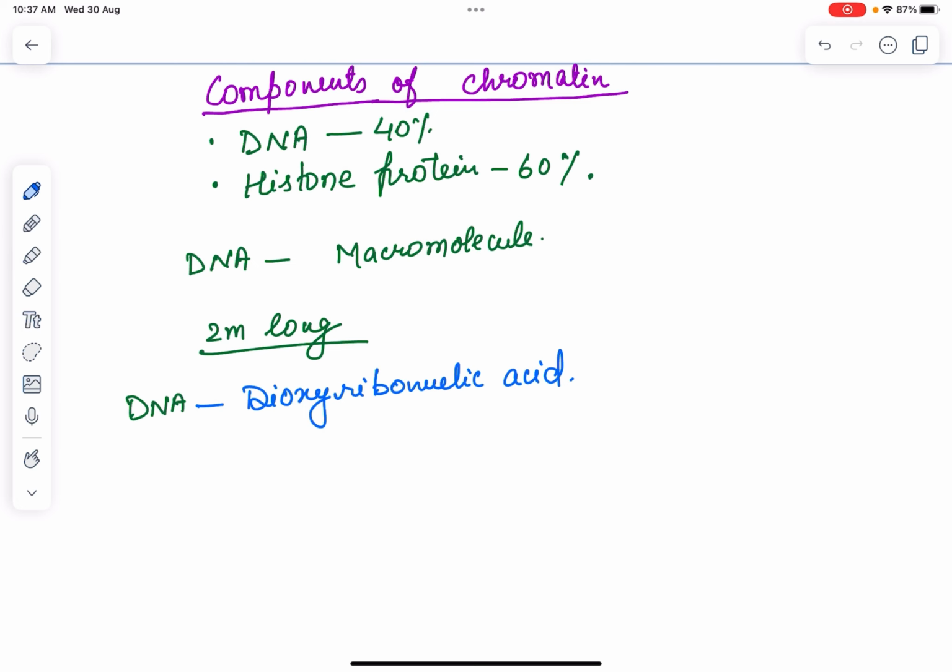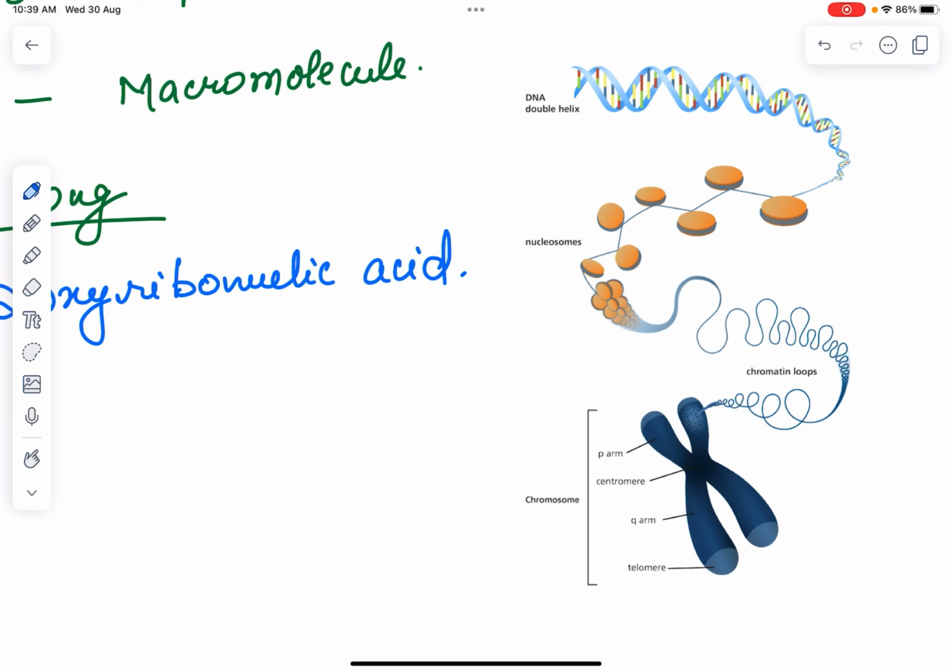How it is coiled, I'll explain. See, this is chromosome. Like how we take out the thread from the reel, if we take out the thread from this, how will it look? It is arranged with the, see, this is histone protein, and this histone protein is wrapped with the thread. That thread is DNA.